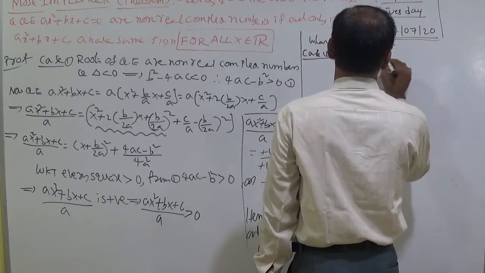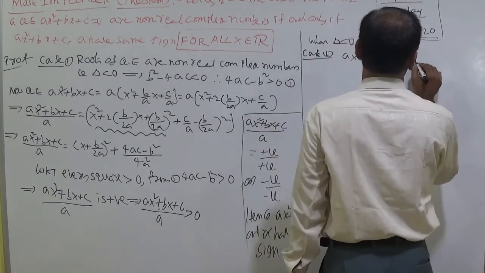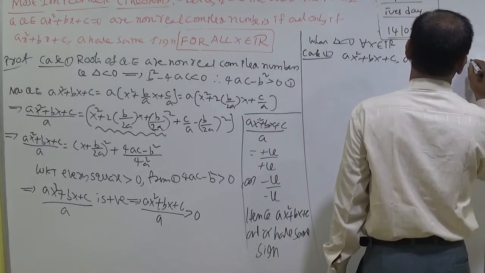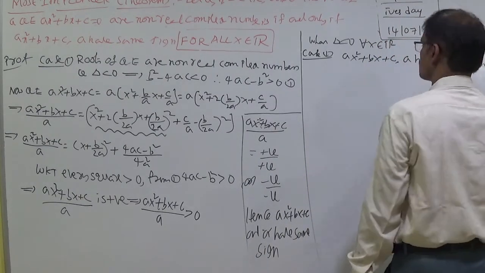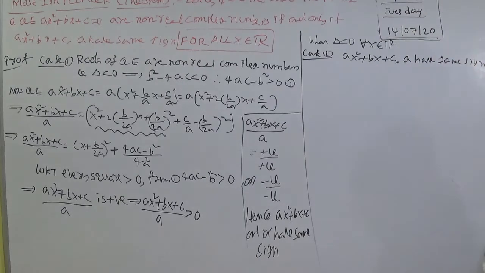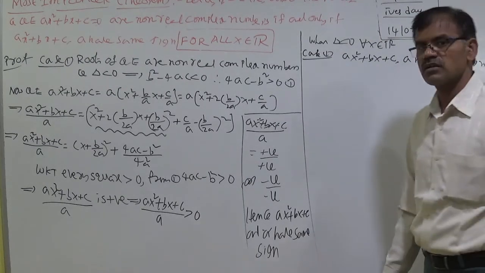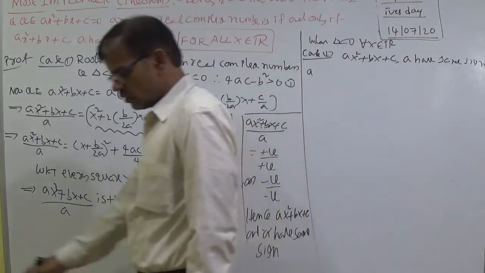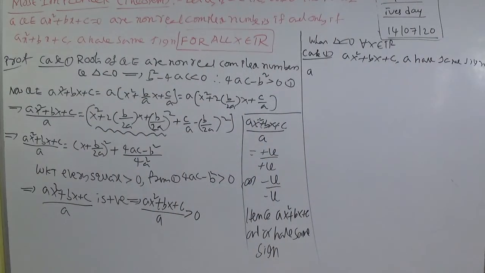Suppose ax square plus bx plus c and a have the same sign. Now we should prove the delta less than 0 concept. We have to prove that delta less than 0, that too for all x belongs to R.